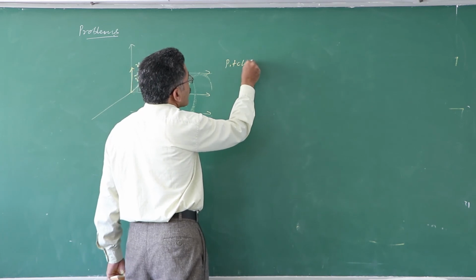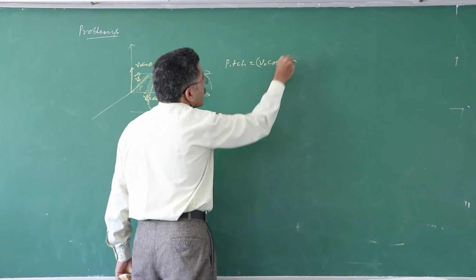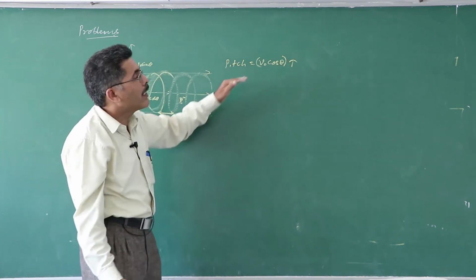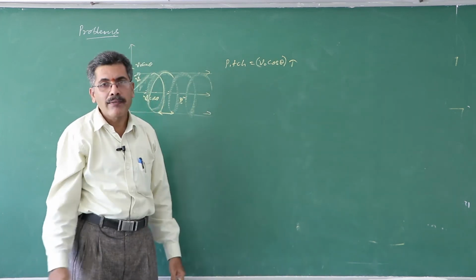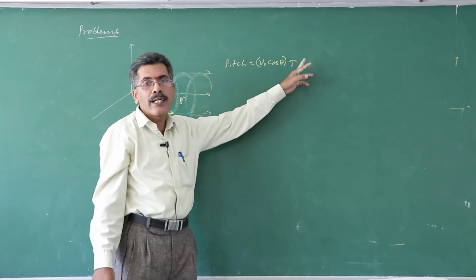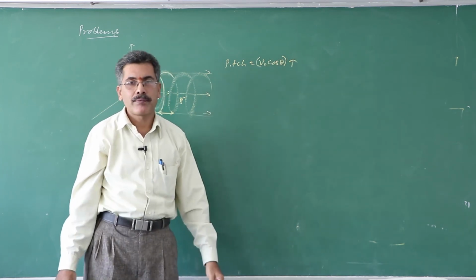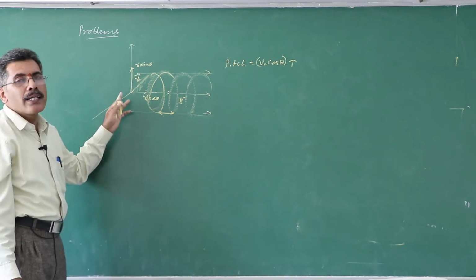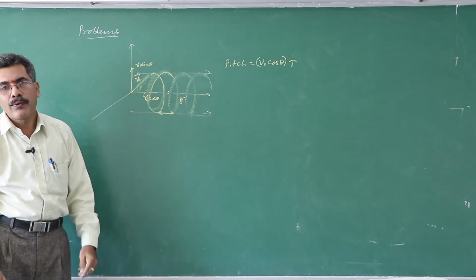Pitch is equal to v naught cos theta into T. V naught cos theta is the component of velocity along the direction of the magnetic field, and T is the period of revolution. When you multiply that, you will get the pitch. It is the linear distance covered by a charged particle during a duration of one period.